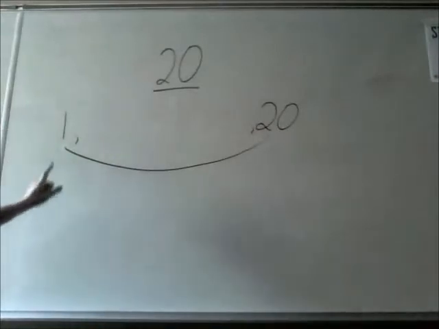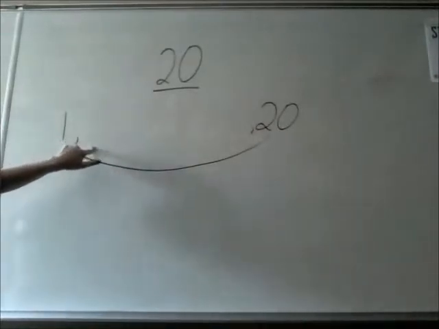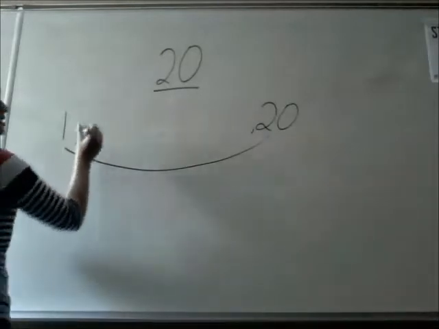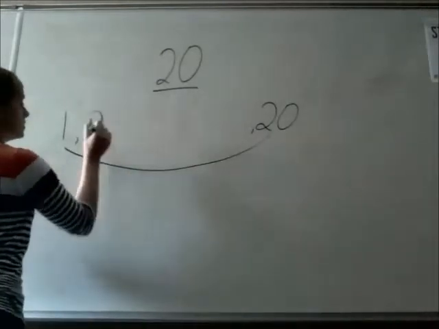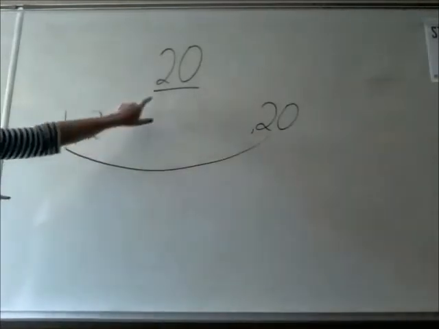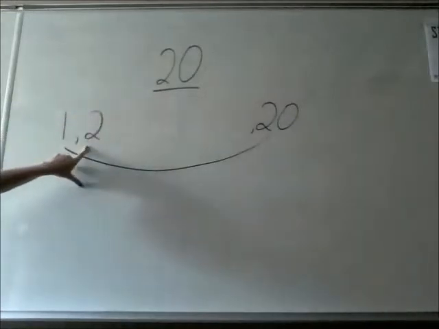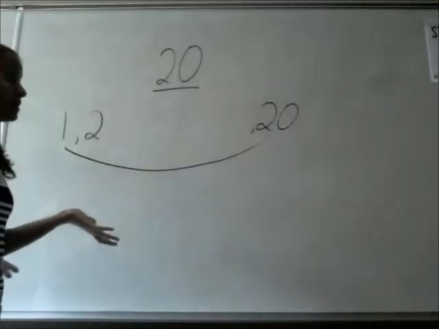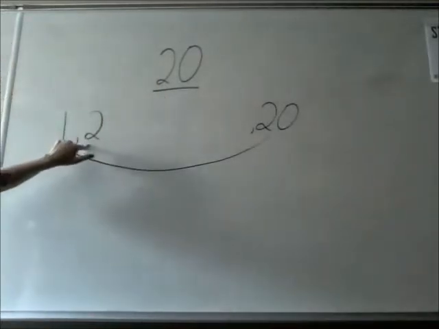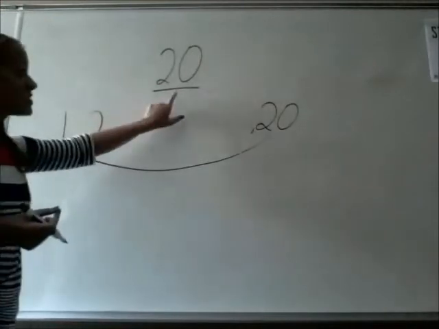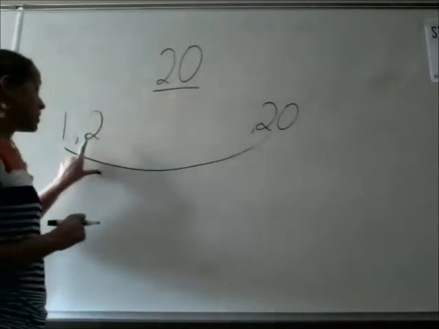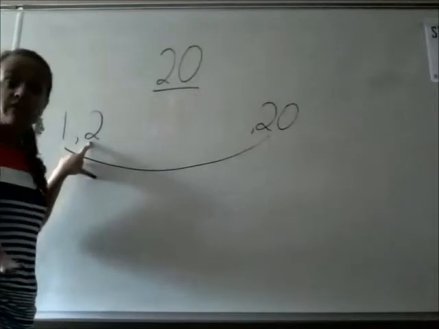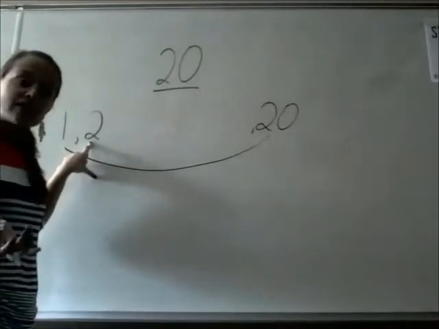And how I know that is I jump to the number after 1. What comes after 1? 2. So I would look at 20 and 2 and think to myself, 2 times what equals 20, if anything, because it could not be a factor. So another way I can flip that around is to take 20 and divide it by 2. Does 20 divided by 2 equal anything? It does.